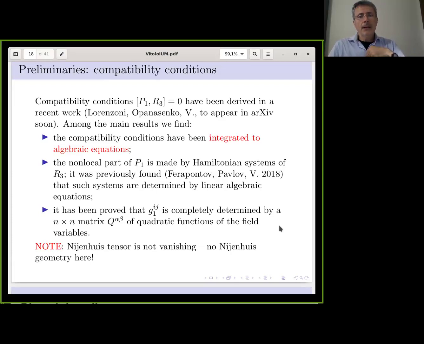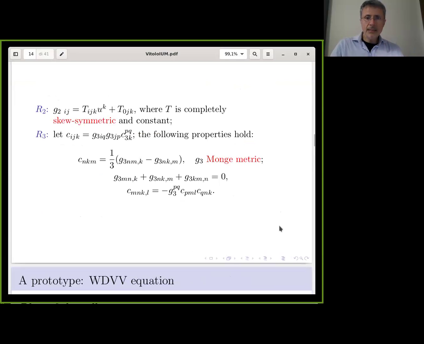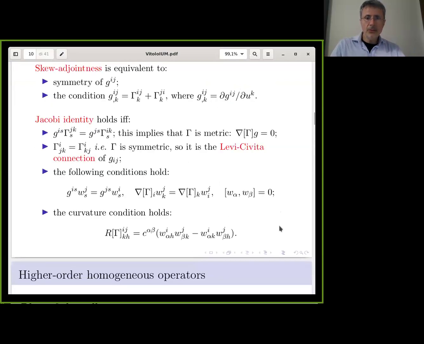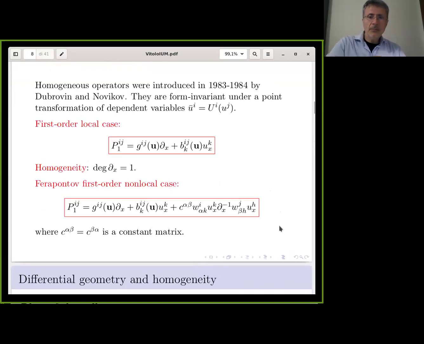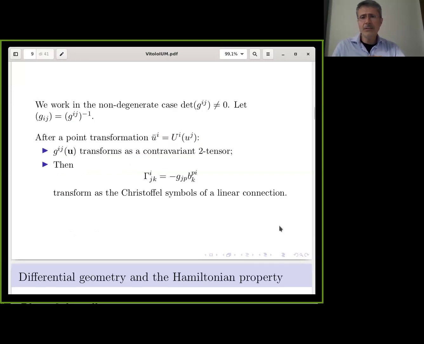And the non-local part of P1, let me be more precise. Let us come back for a moment to the expression. The non-local part is in the bottom rectangle, the part whose coefficient is c^{αβ}. So these W_i^{αk} u^k_x can be considered as right-hand sides of first-order quasi-linear systems of PDEs, of evolutionary systems.